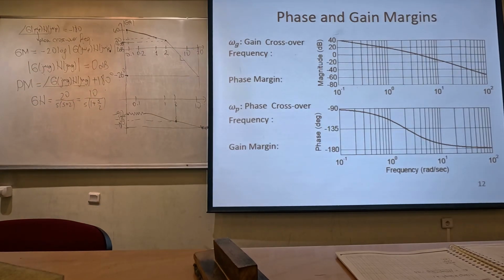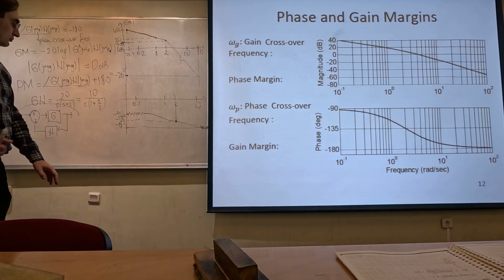Okay? This was the system that we are considering. Now I can think that this GH is a part of the closed loop system. Okay? It is G here, and I have H here. And I can try to look at the phase crossover, gain crossover frequencies, and phase margin and gain margin of such a system. Okay? Now that is what we are going to do.